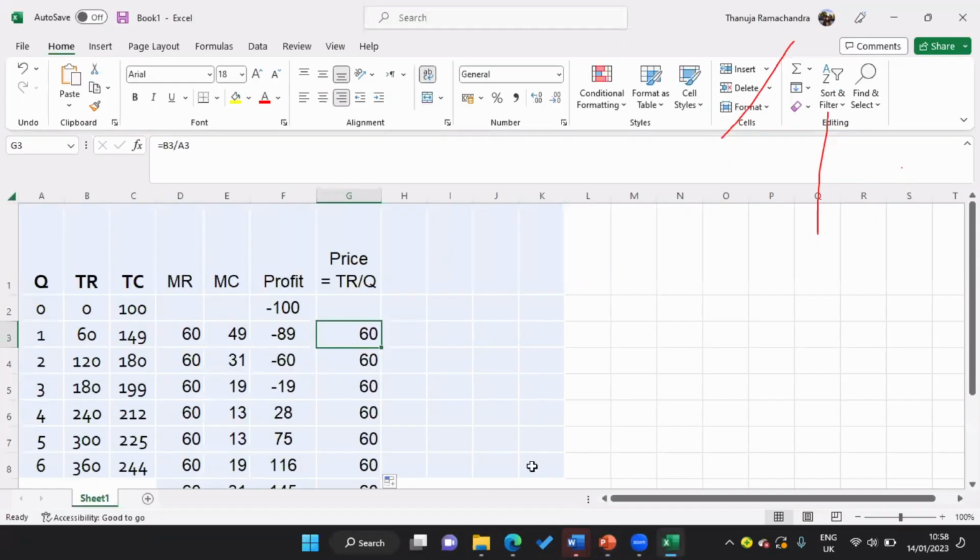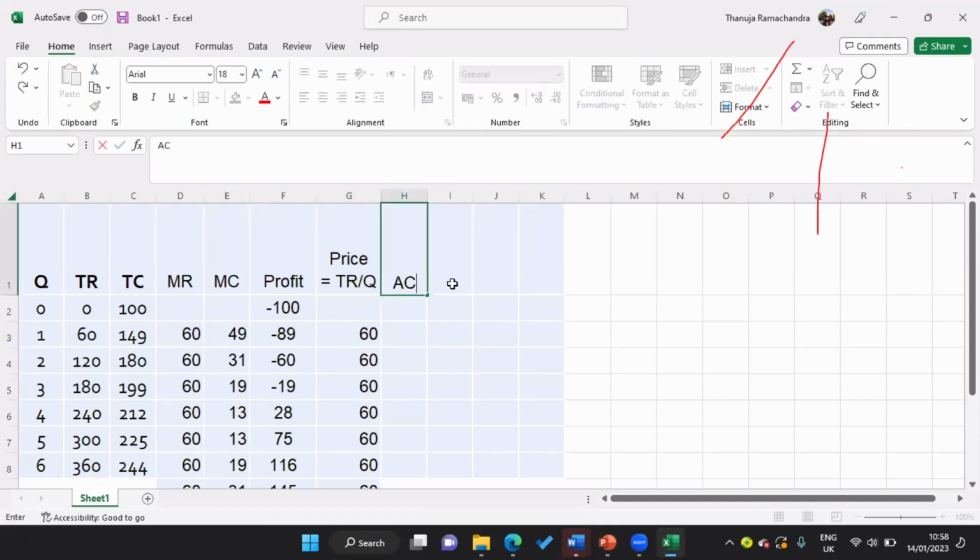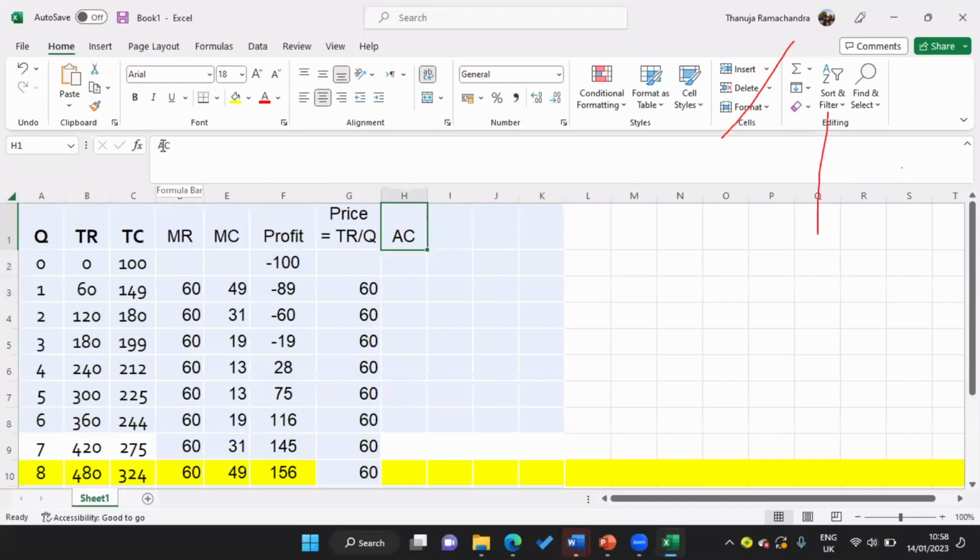What is the next one? Calculate all relevant costs, right? So you have marginal cost. We can calculate average cost or average total cost.